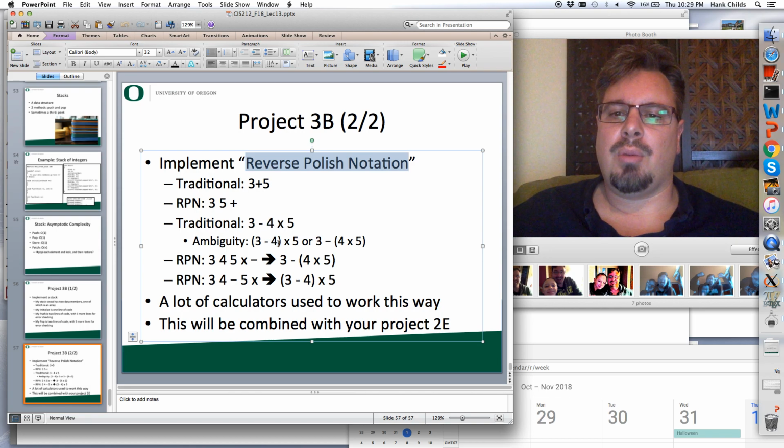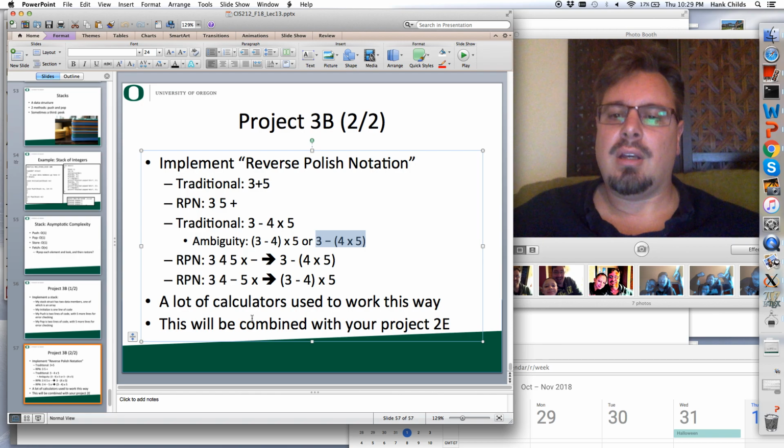One would be (3 minus 4) times 5. The other would be 3 minus (4 times 5). Sorry, I said the same sentence twice. Hopefully you're all following along that there were parentheses, and I said the things in the parentheses a little quicker. I think we would all assume that we mean the latter here because we assume that multiply has precedence above subtract. But there is an ambiguity, and with reverse Polish notation, that ambiguity does not exist.